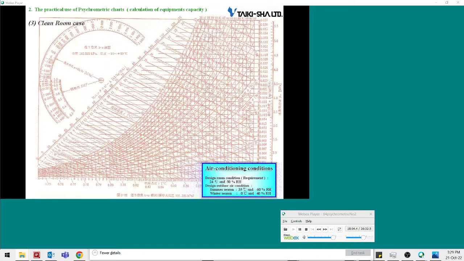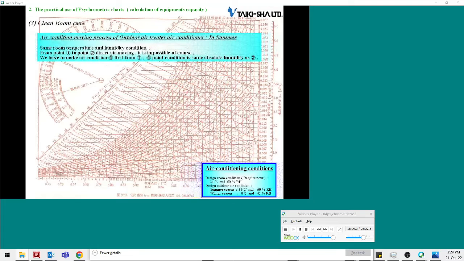Now assume that, as air conditioning conditions, throughout a year, the room temperature is 24 degrees Celsius and the room humidity is 50%. To prevent the outdoor air from acting as a room load during summer, the room temperature and humidity of the outdoor air must be adjusted to be the same as those of the room air.